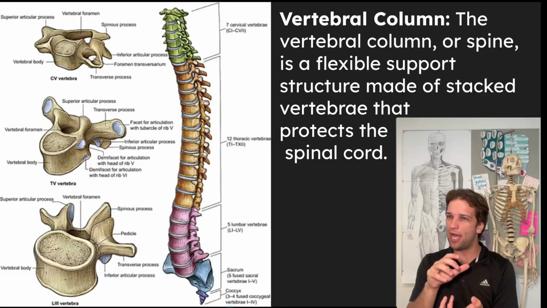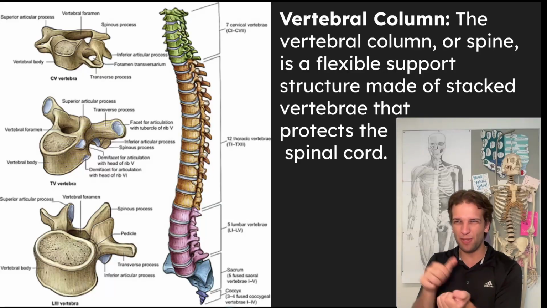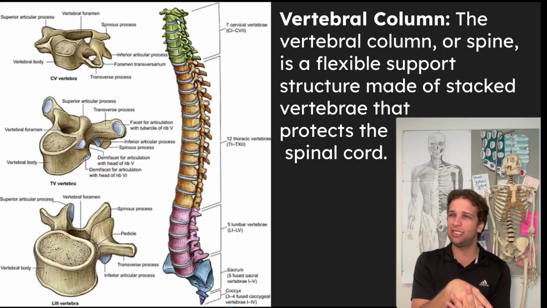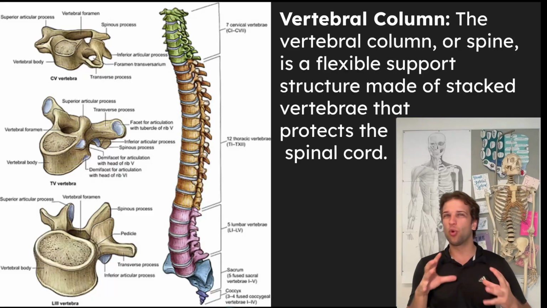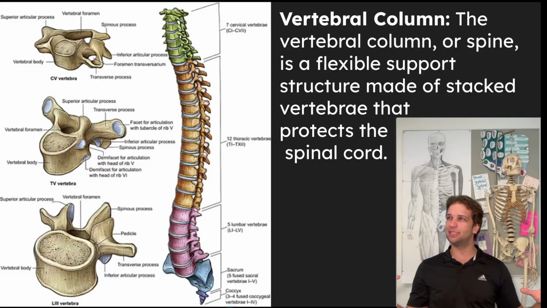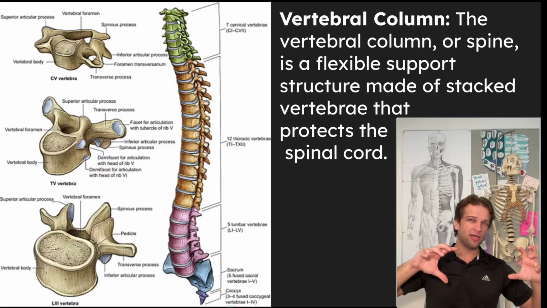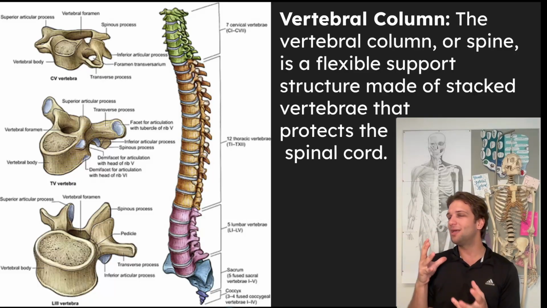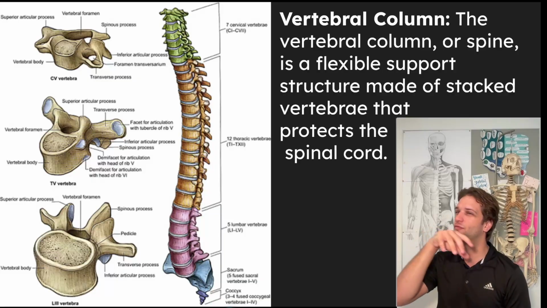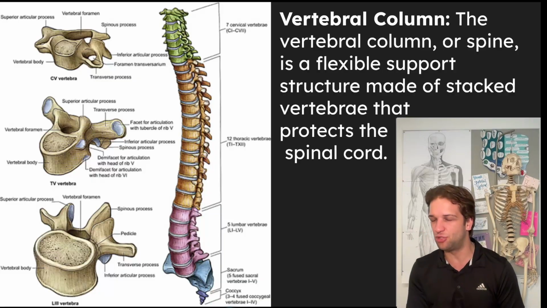So these vertebrae are individual bones, but they have to fit perfectly to each other to actually function. And so while they're different bones, we're going to classify them as slightly different sections of the vertebrae. And that's because while, yes, they're different bones, they all kind of resemble the same general thing and have the same general parts.